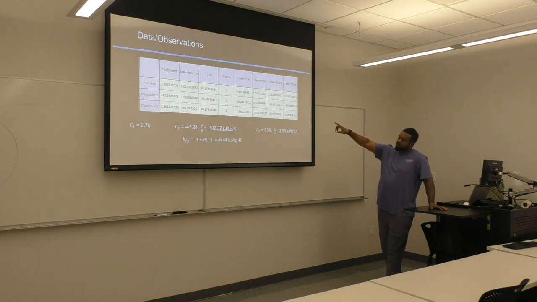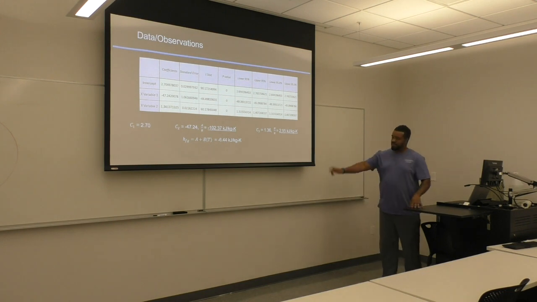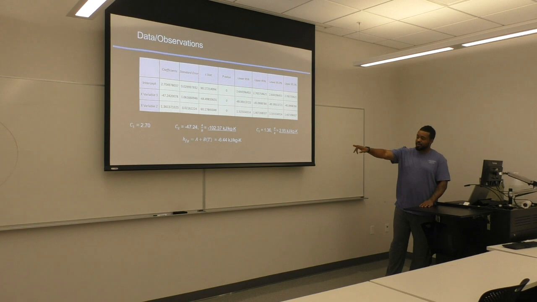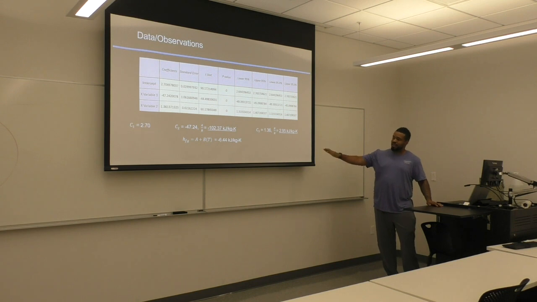You get this data here, where it ends up solving for your C1, C2, and C3 using the coefficients. Plugging that in to get a latent heat of vaporization gives negative 6.44. So I'll say that is not right.